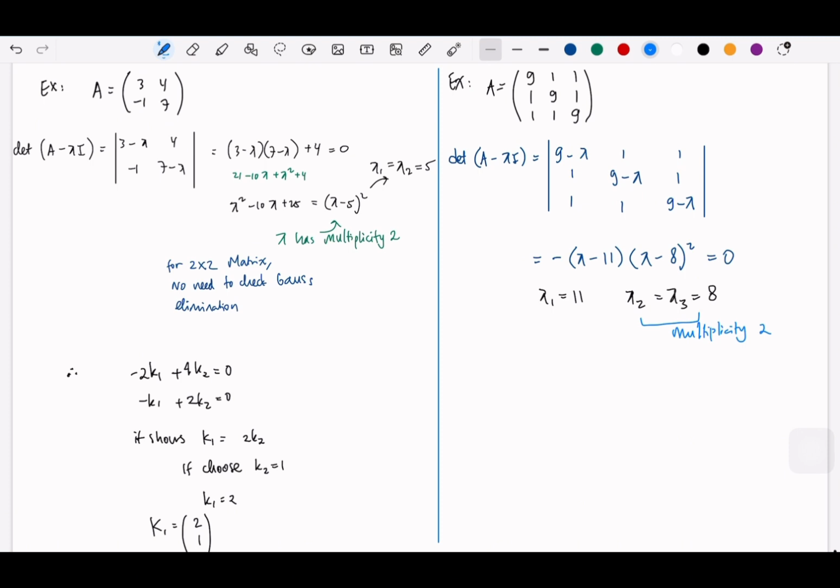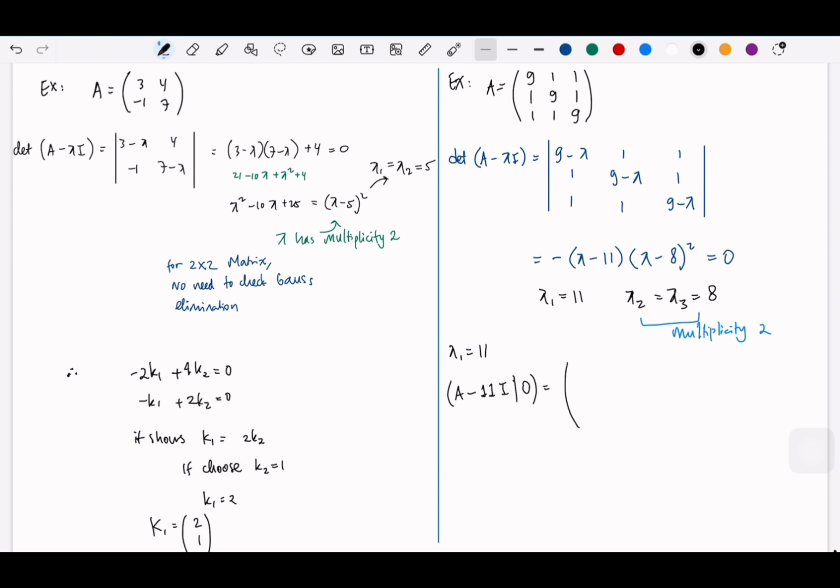For the lambda 11, no problem. We can use the Gauss elimination, using row operations, and I think easily we get, or we can write here, for lambda 11, our row operations will be A minus 11I equaling to 0.